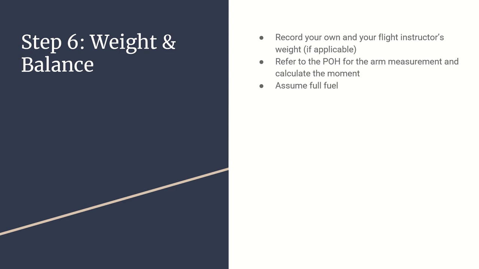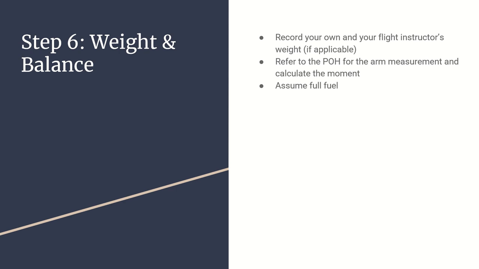If you're bringing any bags or anything, also find the station or arm that's appropriate for that. And then just go ahead and assume full fuel. Like I said, if you're doing a cross country from our airport as a student in our program, you are expected to have full fuel before you leave. So look at your airplane POH, right, to figure out how many usable gallons you can store.